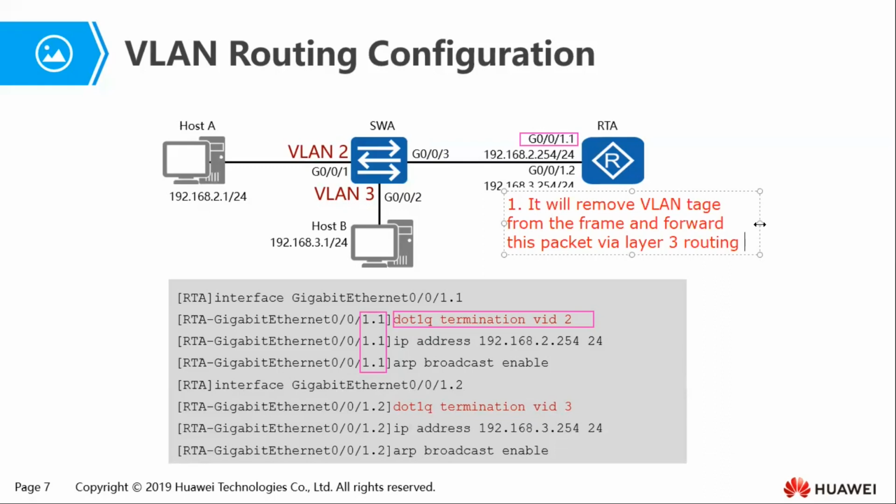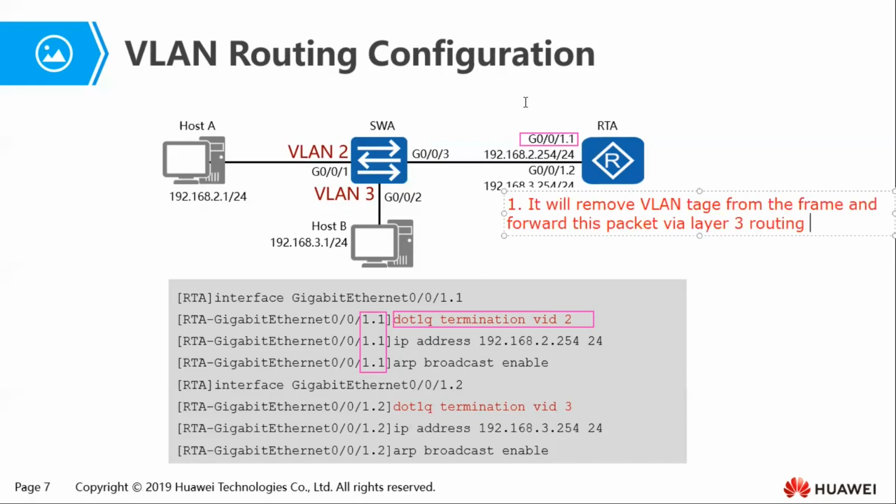So when it receives a tagged frame from the switch, the switch is sending a tagged frame, it will remove that particular tag and forward it using the IP header, using the network layer header. That is using the IP address. So remove the tag, then forward using the IP address, rather than forwarding using the layer 2 header. Because this is a layer 3 device, it cannot forward using a layer 2 header. So that is what it will do.